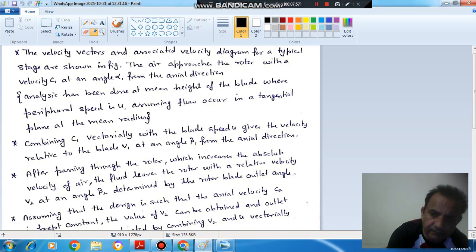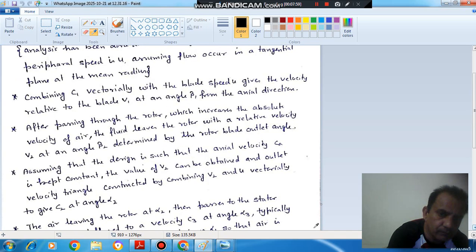Assuming that the design is such that the axial velocity Ca is kept constant, Ca1 is equal to Ca2. The value of V2 can be obtained and the outlet velocity triangle constructed by combining V2 and U vectorially to give C2 and alpha 2.